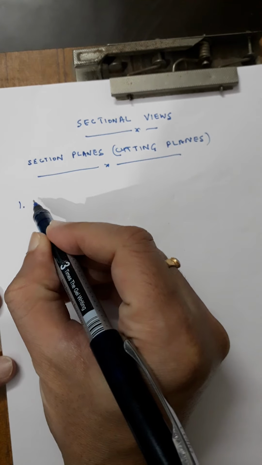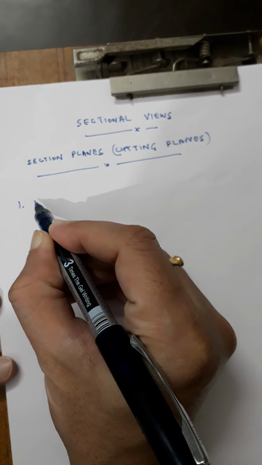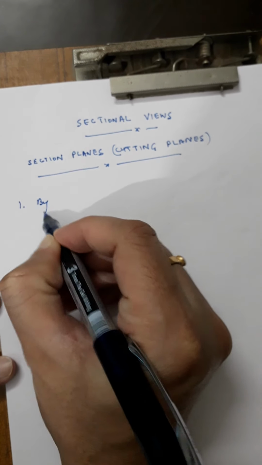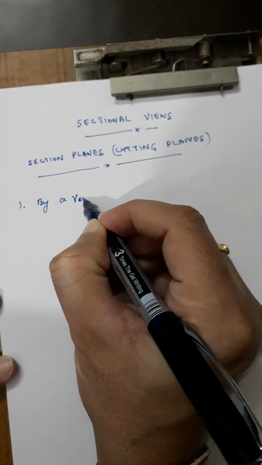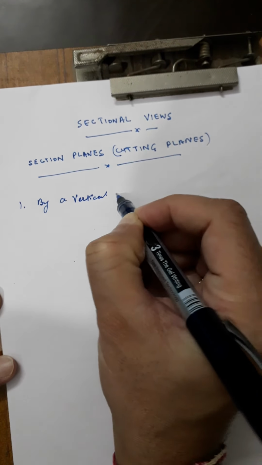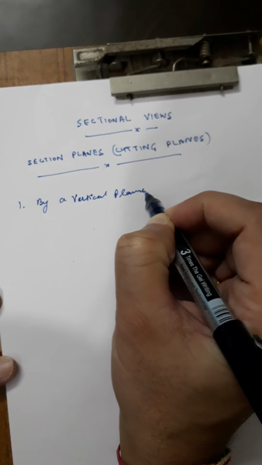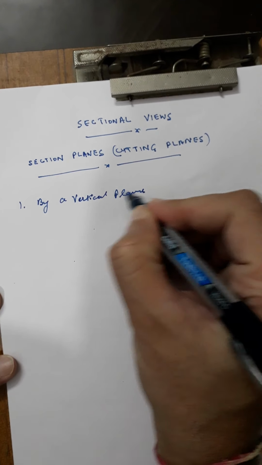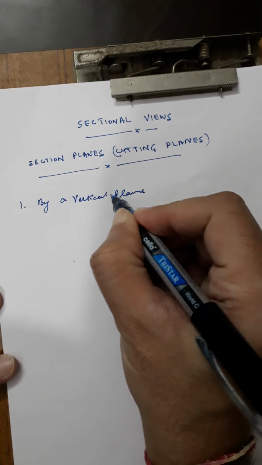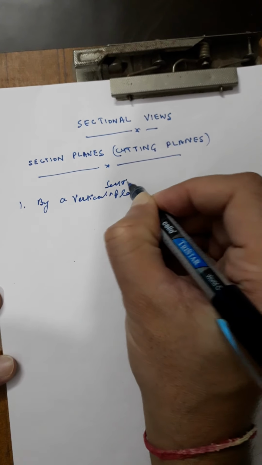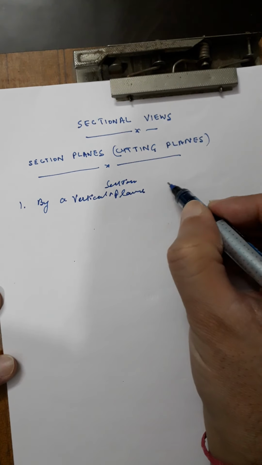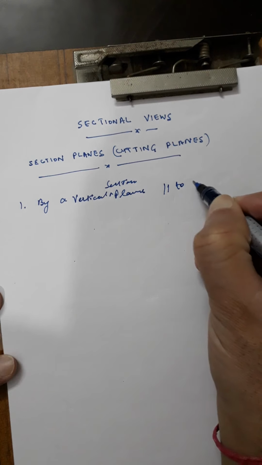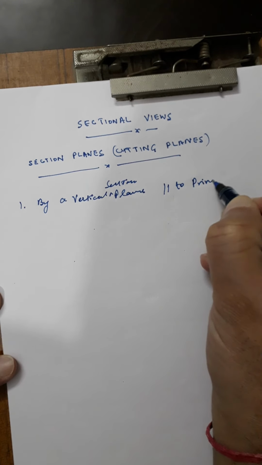Sectioning can be done by a vertical plane, or a plane which is parallel to VP. You can say a vertical section plane, or a section plane parallel to the principal vertical plane.